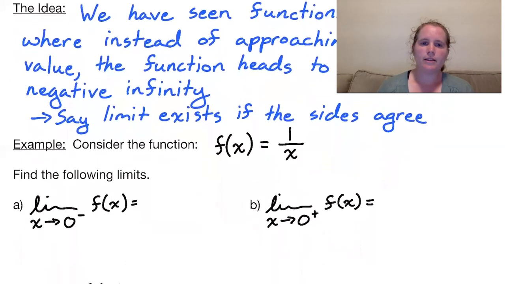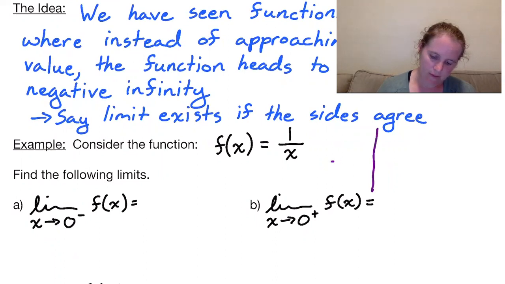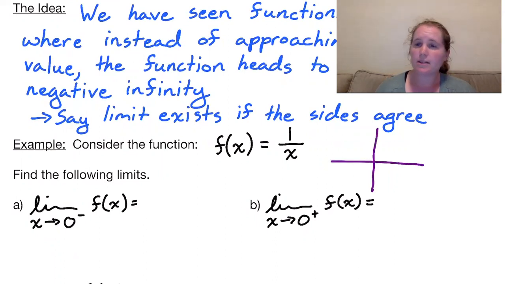So let's go ahead and take the function f of x equals 1 over x. So in terms of the graph, when x is positive, 1 over x will be positive. When x is negative, 1 over x will be negative.